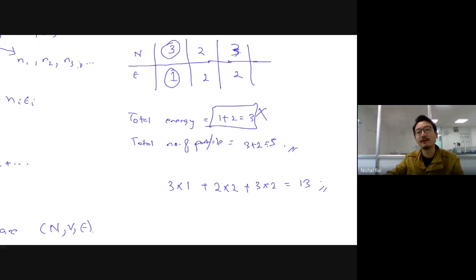There are 8 particles that give you energy 13. But there could be a huge number of combinations in which we can get this 13. Each different combination is called a microstate. I think this point is clear.